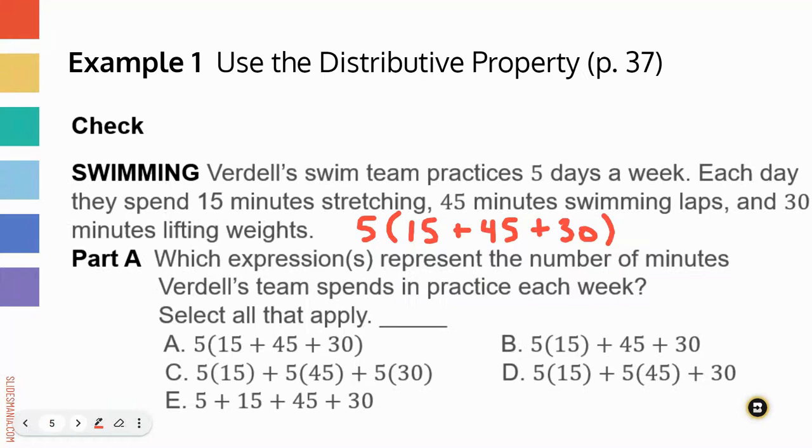Okay? So another way I can say this is I can distribute the 5 to each of those. So I could do 5 times 15 plus 5 times 45 plus 5 times 30. So that would mean A is an acceptable answer or C is an acceptable answer. So A and C.